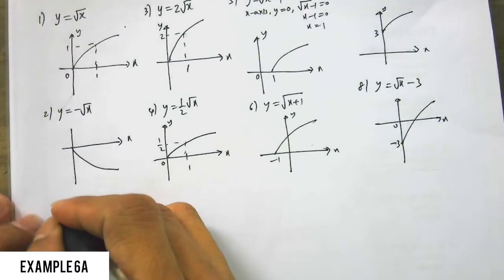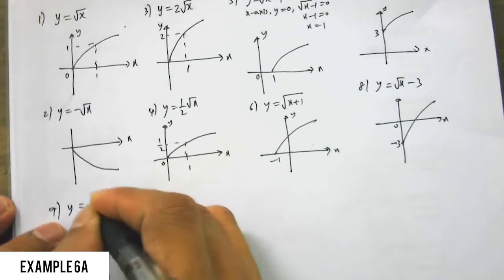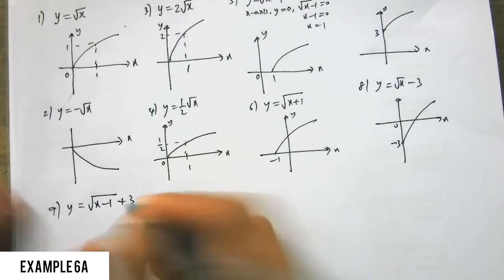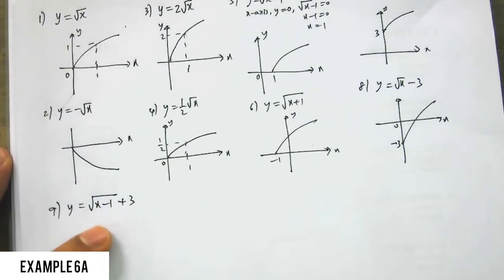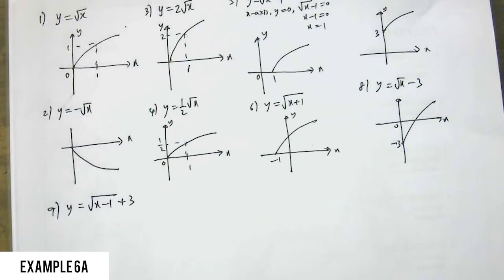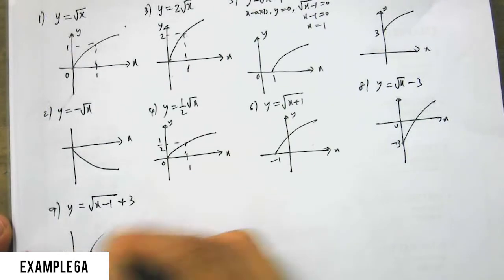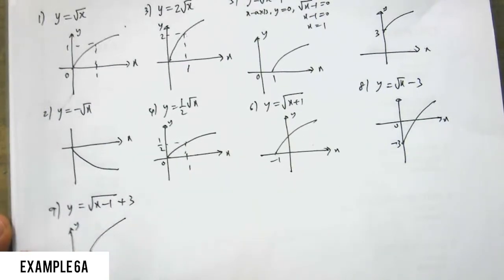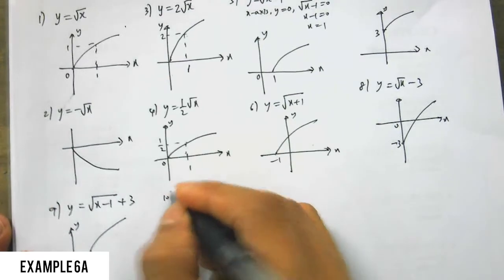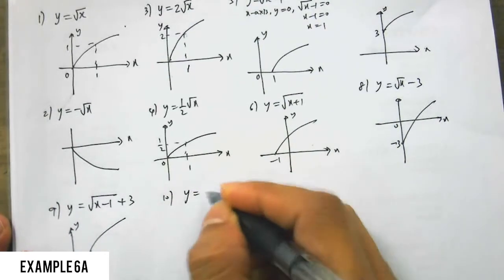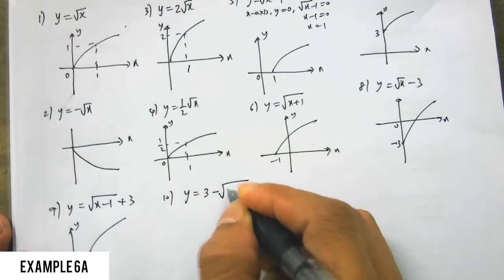Number 9. How do you do this? Square root of x minus 1, plus 3. This means, first, I shift to the right by 1. Then I shift up by 3. So it goes like this. 1, 3. Okay, number 10. How about this? y equals 3 minus square root of x plus 1.